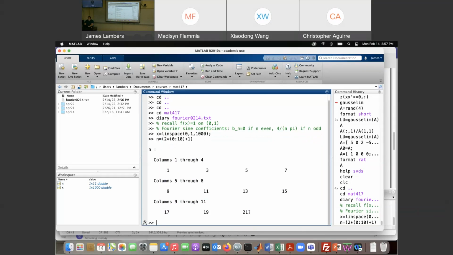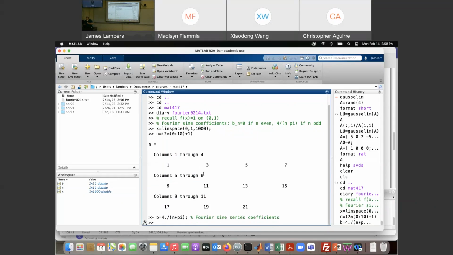So now I need to define a Fourier series coefficient. That'd be 4 over n times pi for these values of n. Then I need to evaluate sine n pi x for these n. Okay. Now, I want to make this whole thing a column vector.